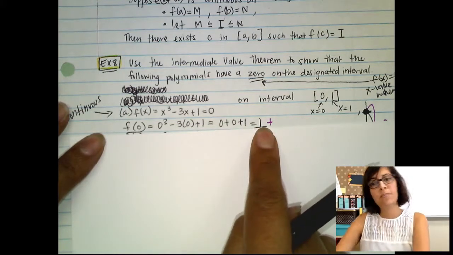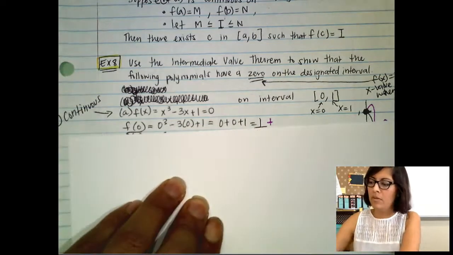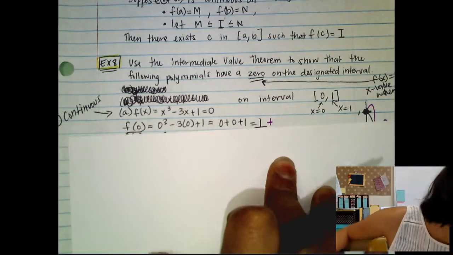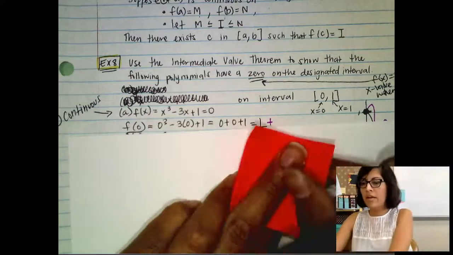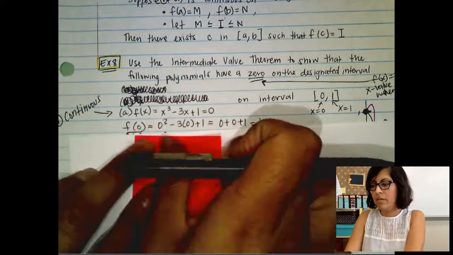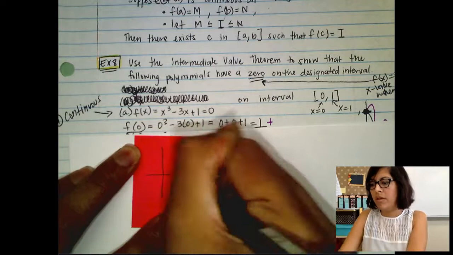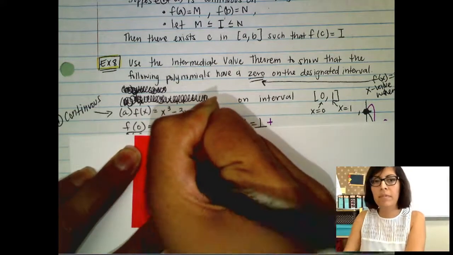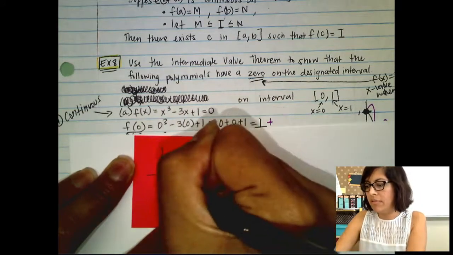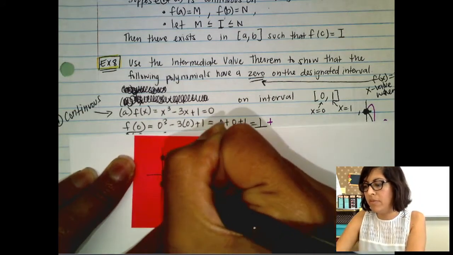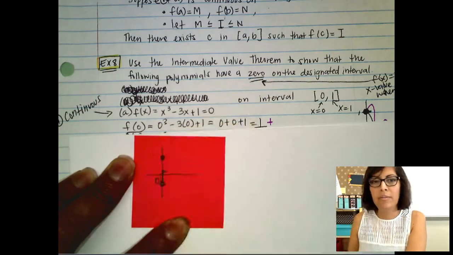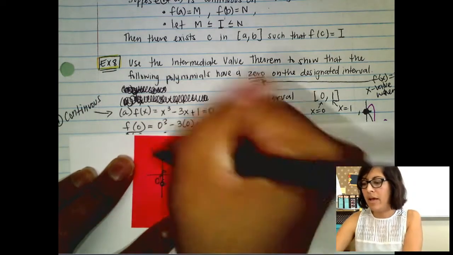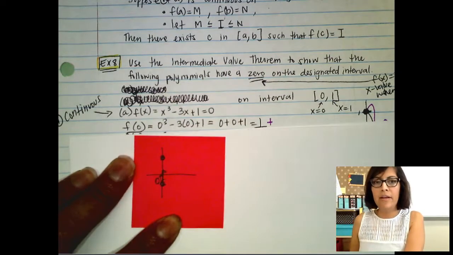So this is positive. Right now, at 0, we have some positive number up here. So at 0, we have some value right here.